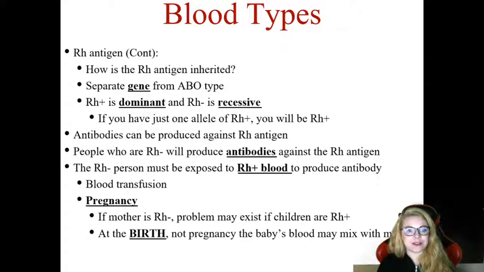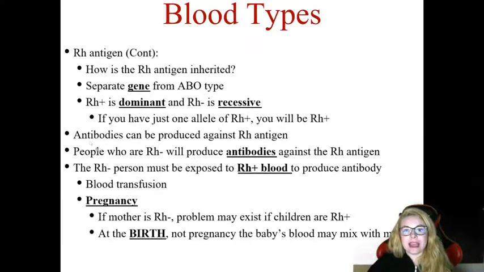So likely that's going to be a dominant gene, whereas Rh negative is a recessive gene. So if you have just one allele for Rh positive, then you will be Rh positive. So you only need to get one allele from one parent to be that, whereas to be recessive or Rh negative, both mom and dad would both have to be Rh negative for you to get that, which makes it more rare to have that combination.